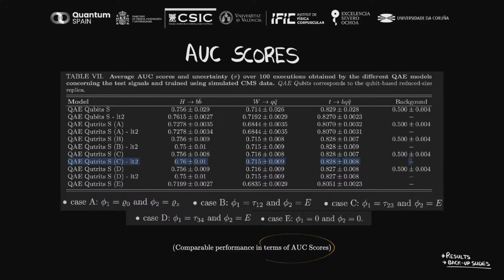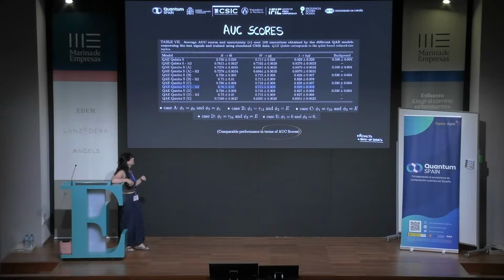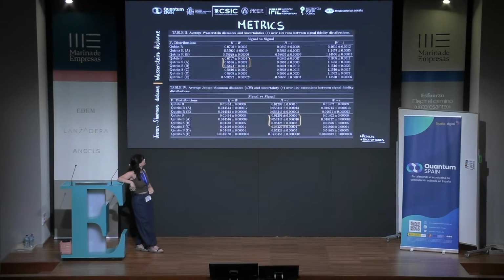In some cases a little higher, in some cases a little worse, but in most of the cases it's practically the same. Which makes sense because, okay, we introduce more information, we have 2 more angles, but these 2 are phases, or are not very significant in terms of creating a great difference in the performance in terms of AUC scores.